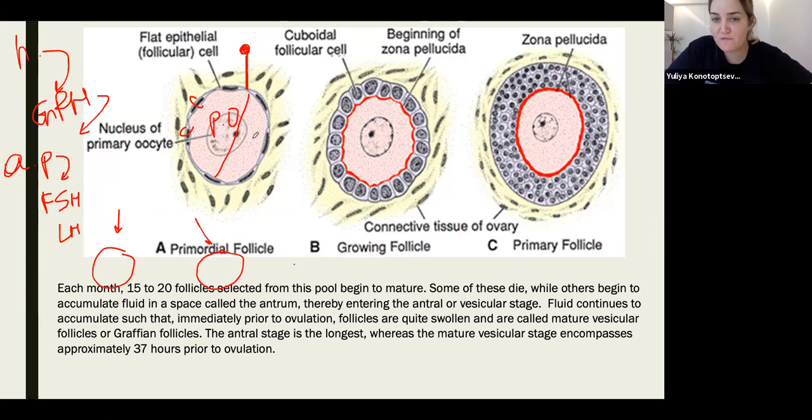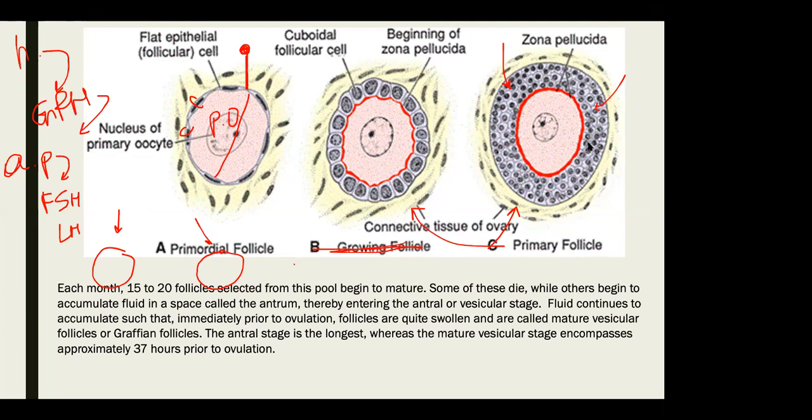We said primordial follicle becomes primary. You remember this is a mistake in the book, right? So this is going to be the first stage of the primary. This is the second stage of the primary. How do we call these cells? Granulosa cells.